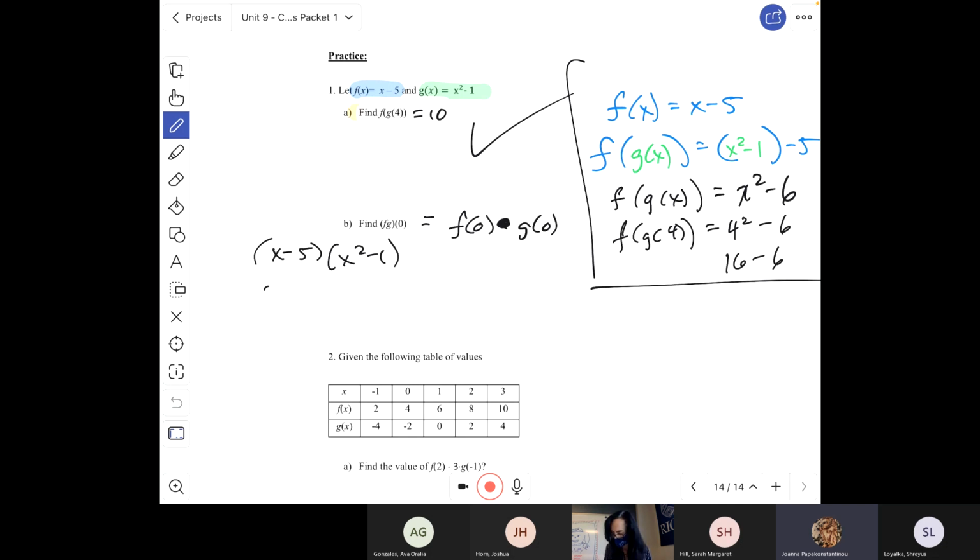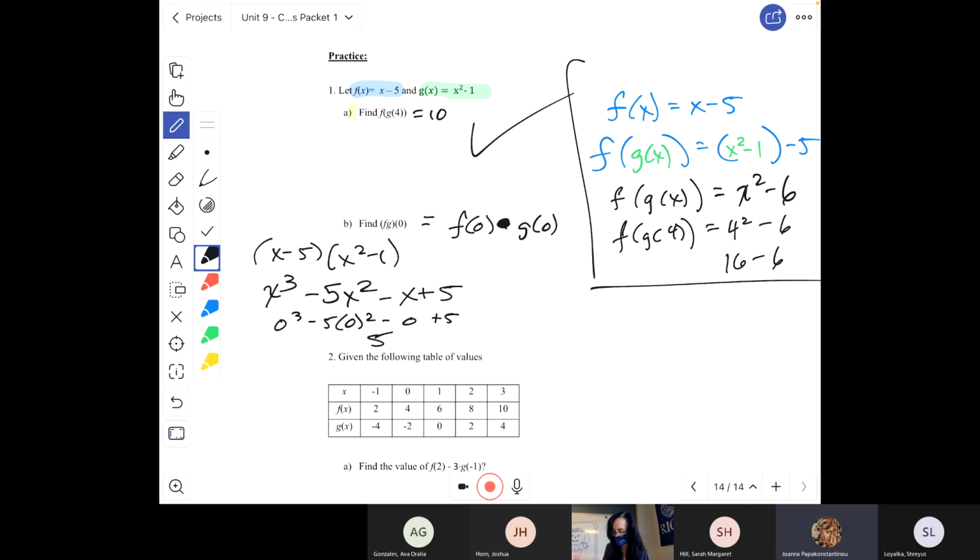f times g is x cubed minus 5x squared minus x plus 5. And then if I substitute in 0, that gives me 5.